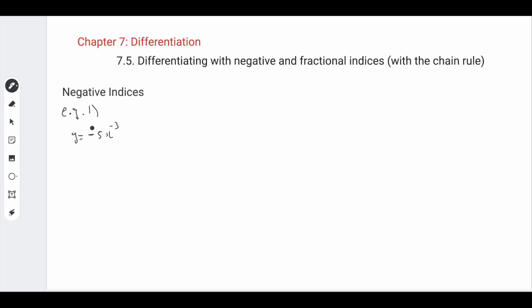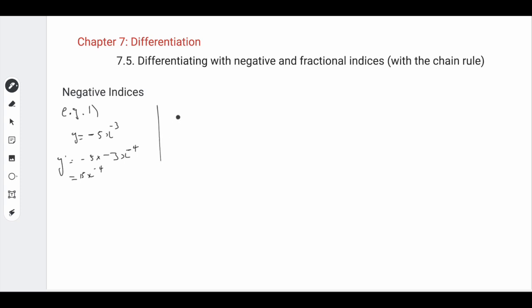We just bring the minus 3 to the front, so y prime is going to equal minus 5 times minus 3, and then this minus 3 goes down by 1, so to the power of minus 4, and so we get 15x to the power of minus 4, right? So we know how to do these kinds of questions. We're really familiar with that. We just drop the power and then we decrease it by 1.